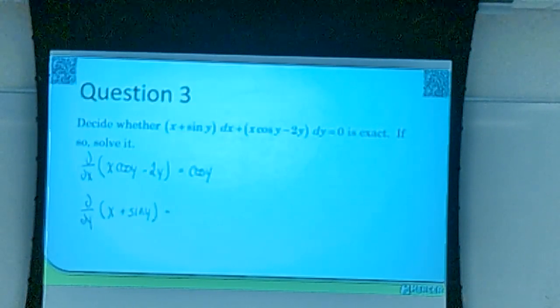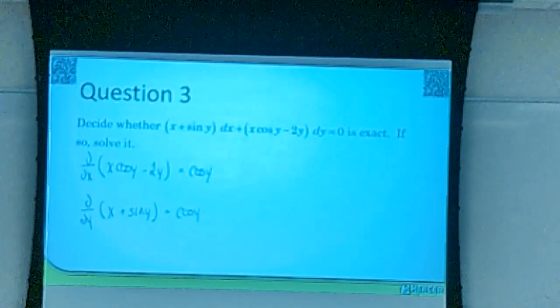We want the partial with respect to y of the term attached to the x differential. What is that partial? Are they the same?